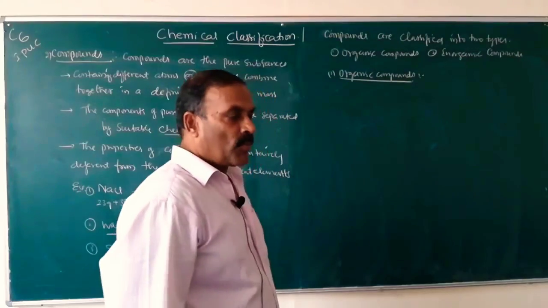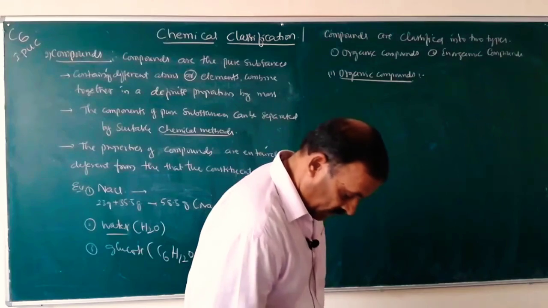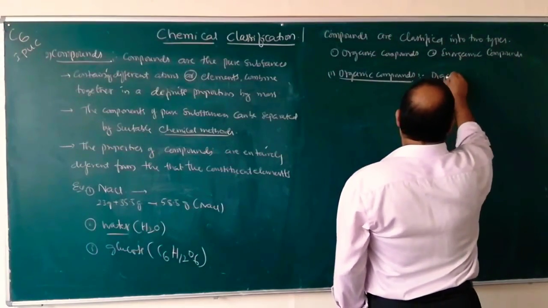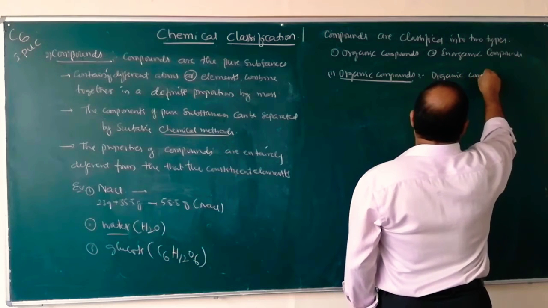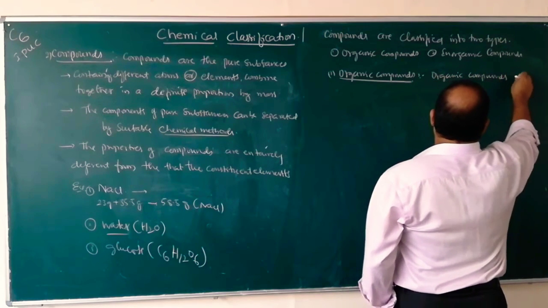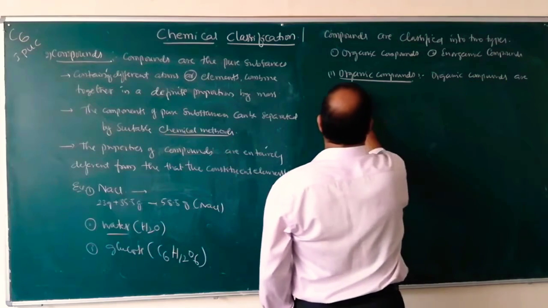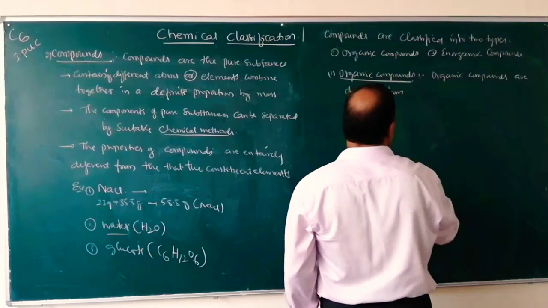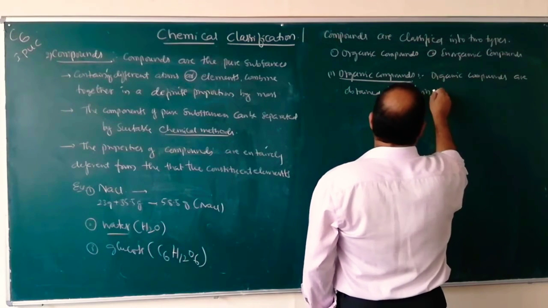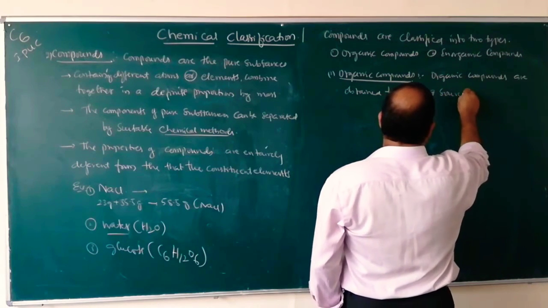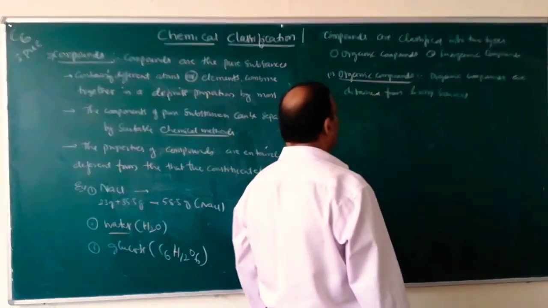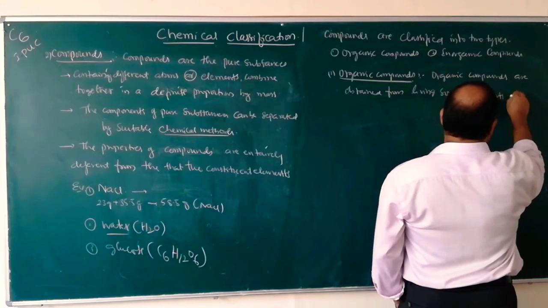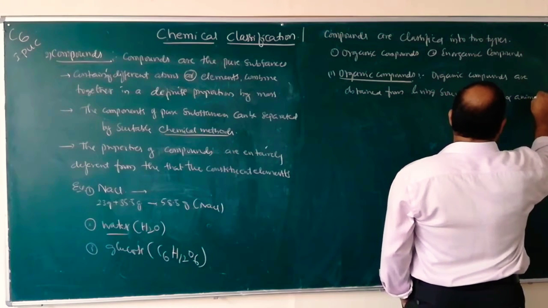Organic compounds are obtained from living sources, namely plants and animals.